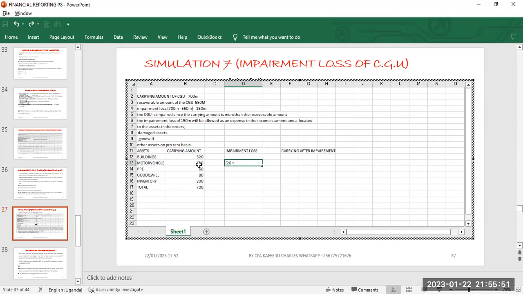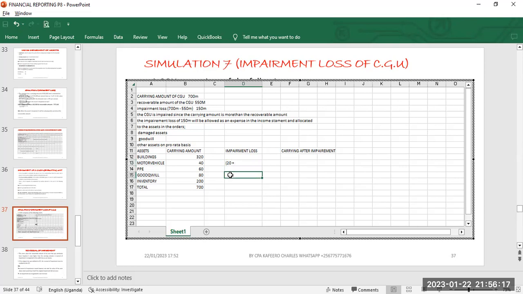What we are going to be adding from here, we will get on a pro rata basis, because what will remain here means that asset is still okay and is still functioning. So the remaining 20 million is going to be allocated on a pro rata basis because they are going to be okay.